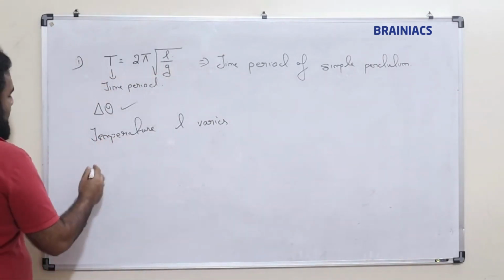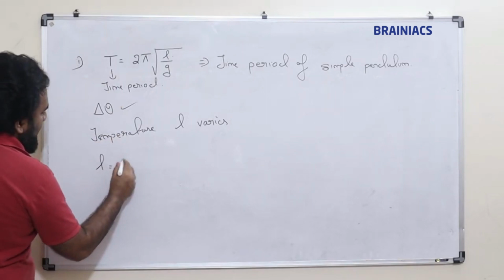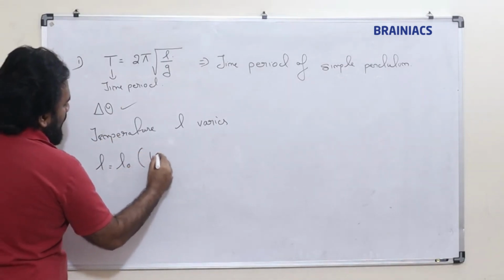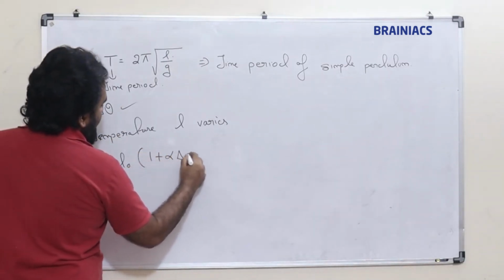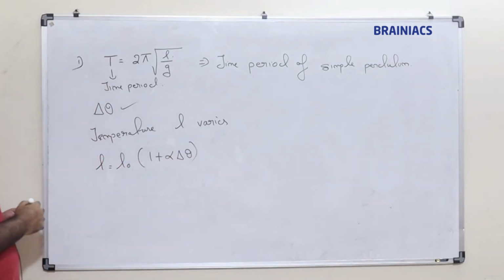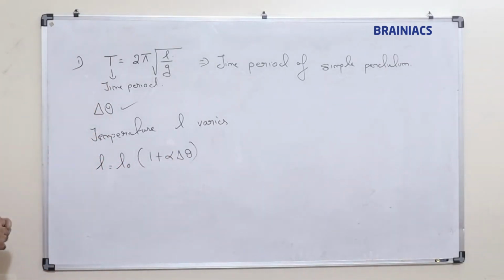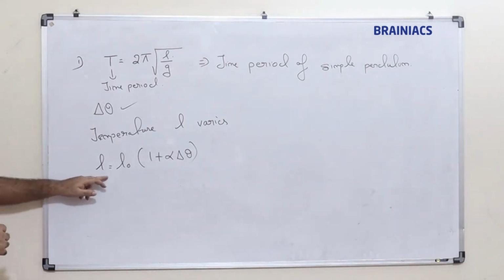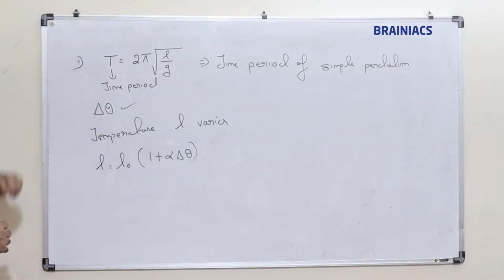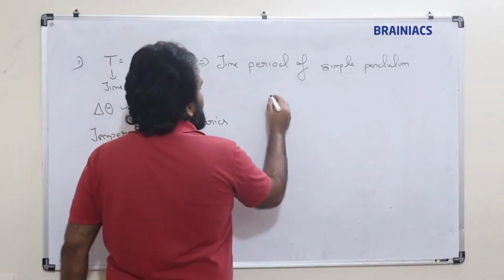Okay, so let us see. L is equal to L naught into 1 plus alpha delta theta. Based on this change in length, there will be a change in time period also. So let us do it this way.